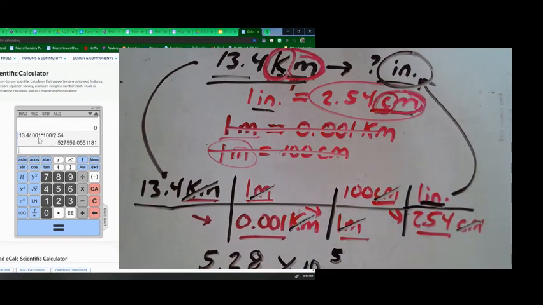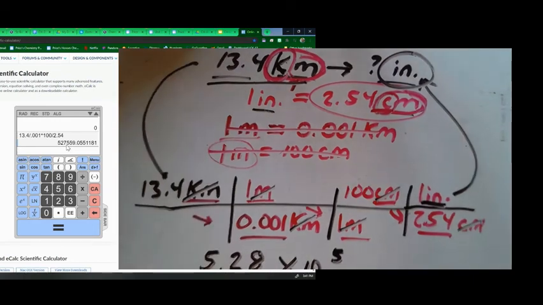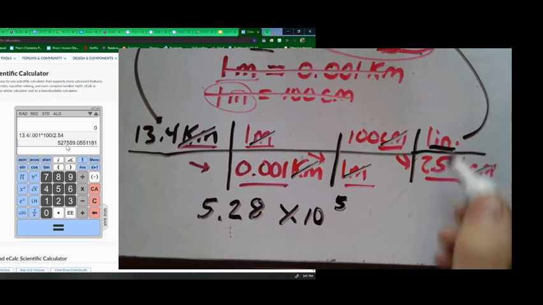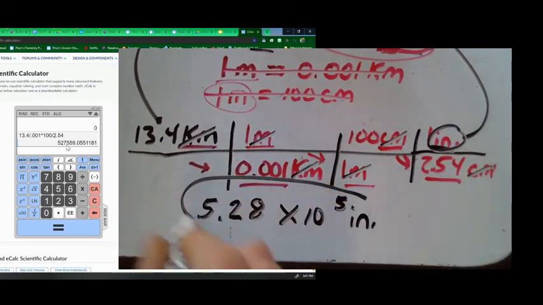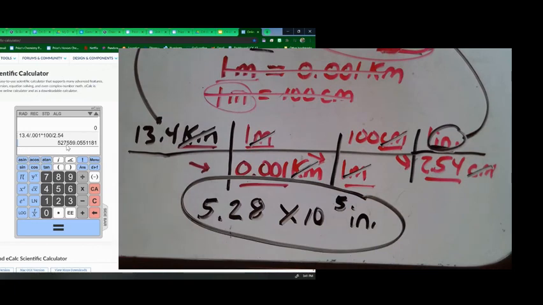On the calculator, it might say E5, but remember, you're not a calculator. You are a human being, and you will write it like this, times 10 to the 5th. If this was a really small number, like 0.00005 or something, then it would be negative 5. So you have the number, and you have the units. Units, again, were inches. And if you're doing it by hand, you make sure that you have that.